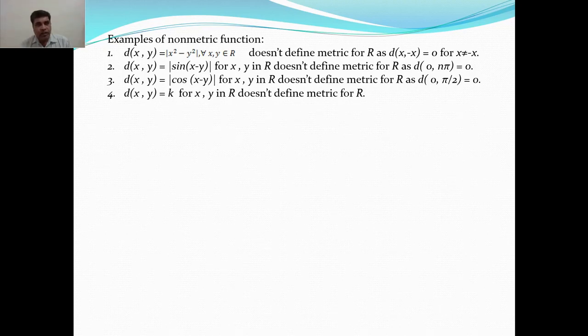Or if I take d of 1 comma minus 1, or d of half comma minus half, that takes the value 0. Therefore, this function doesn't satisfy the positivity axiom of a metric. Therefore, it is not a metric, and the set of real numbers with respect to that function is not a metric space.